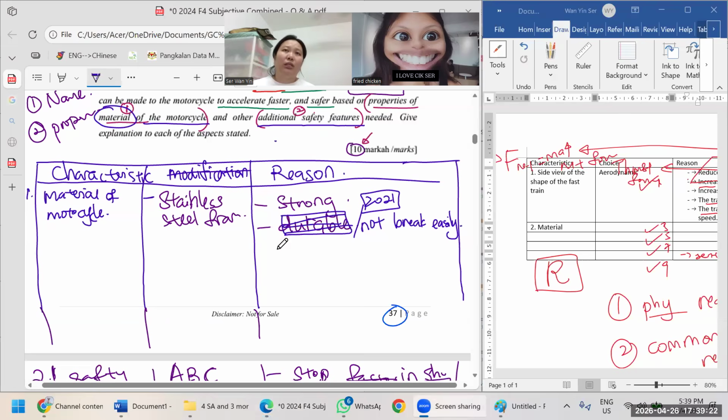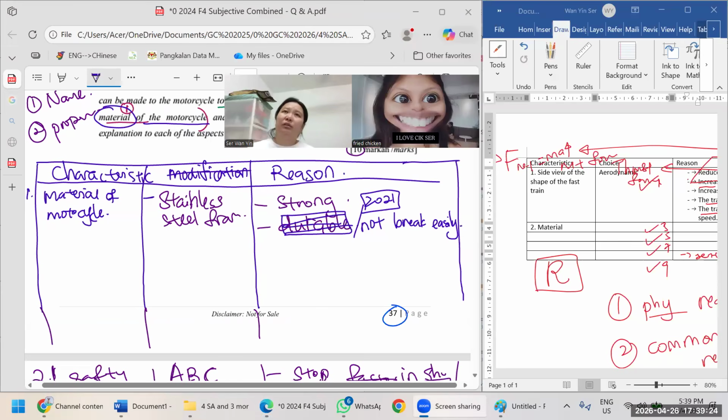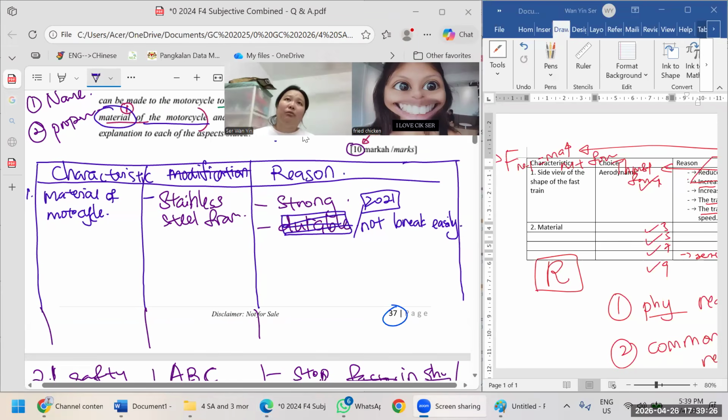Yeah, strong. A higher acceleration, not really, because if you want higher acceleration, should choose titanium. Why titanium? Low mass. But I want to tell you, titanium very expensive. Normally used in airplane, in rocket.